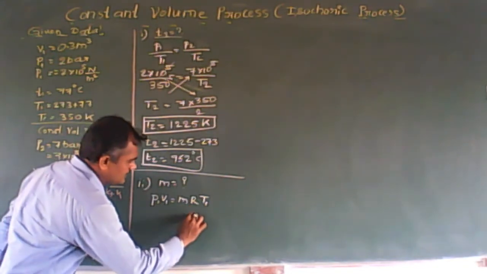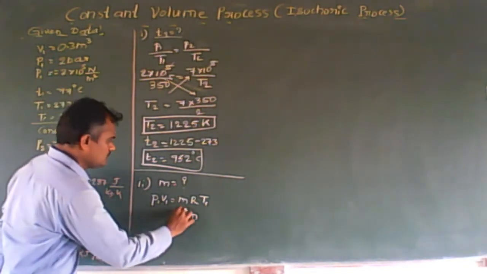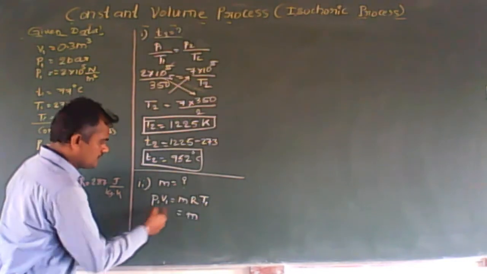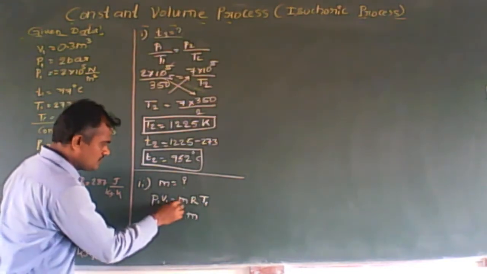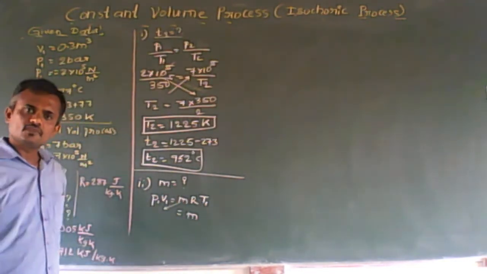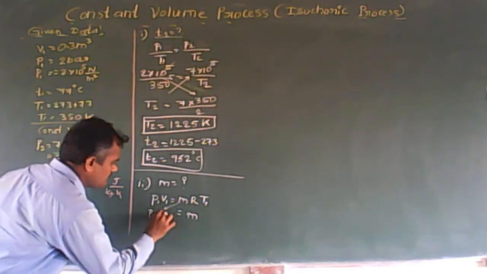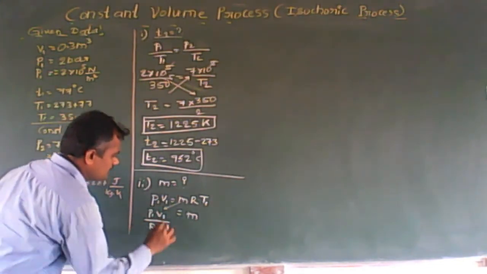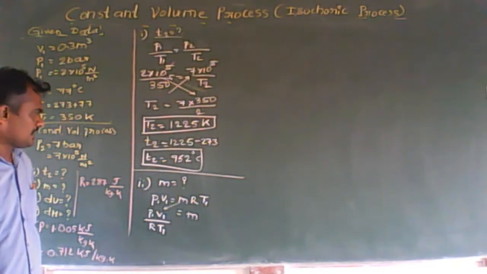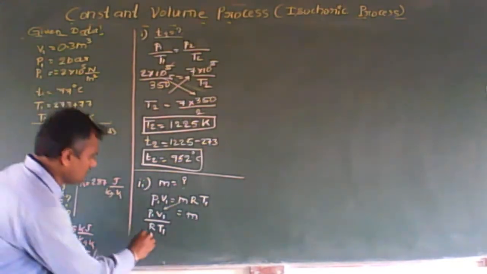Mass is the unknown; R and T1 come to the denominator side. Therefore P1 V1 by R T1 is equals to m.